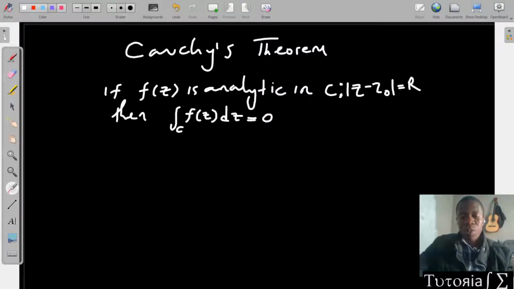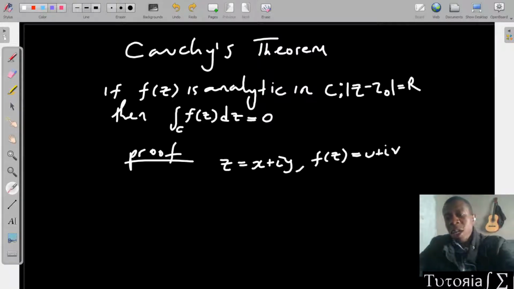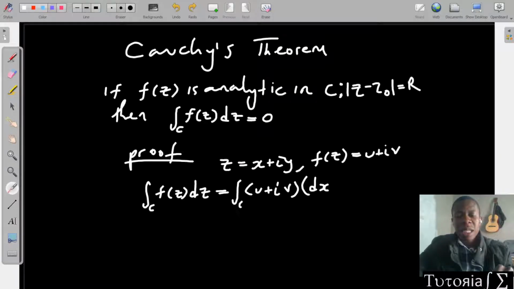All right, so proof. We know that z can be written as x plus iy because it's a complex number, and we know that f of z can be written as u plus iv. So now, if we were to rewrite this, the integral of f of z dz would be equal to u plus iv, which is f of z, times dz.